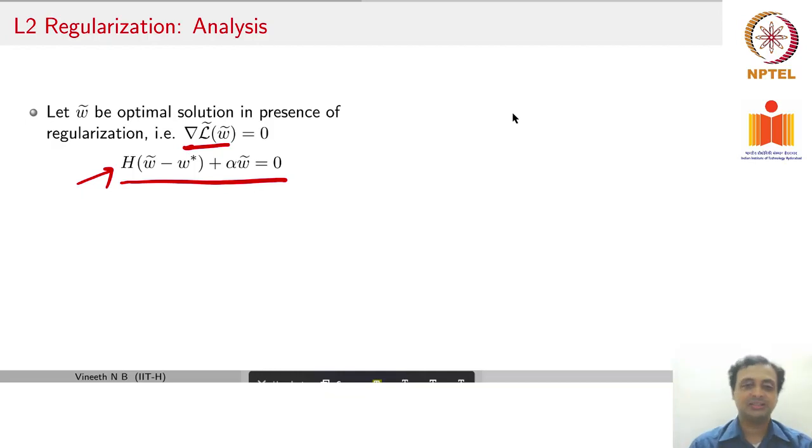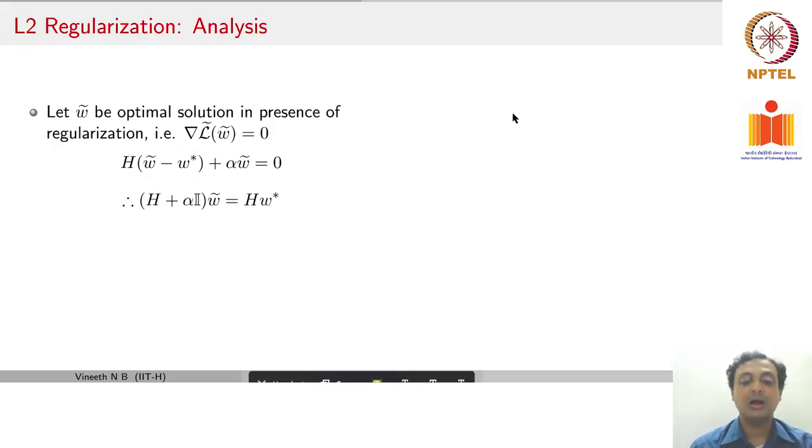Since that's 0, this also ought to be 0. Now let's rearrange the terms a little bit. Let's group all the W tilde terms. That would give us H plus alpha I, because when you add it you have to make it a matrix. So we have to put alpha I here to ensure that alpha is added to every diagonal element of H. You're going to have (H plus alpha I) times W tilde is equal to H W*.